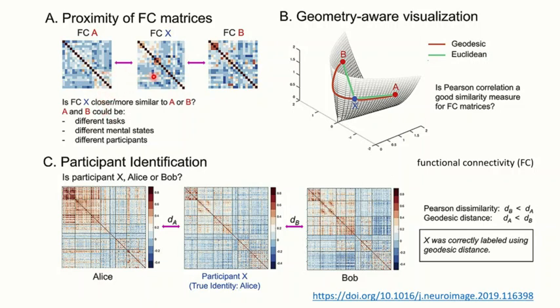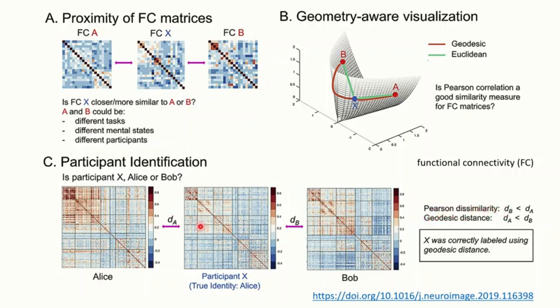What you need to do is measure the similarity or difference between those collected data. So this is a 2D matrix. You compare them and see whether this new data set X is more similar to A or B.